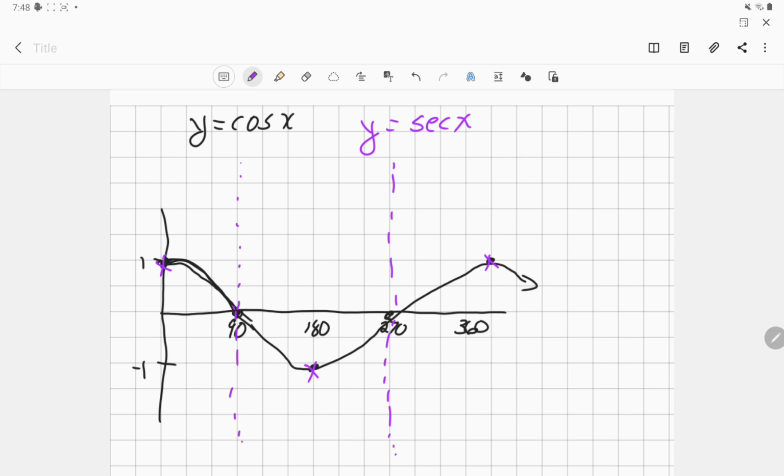And so this is headed down, so the reciprocal is going to head up. Now it would keep going, so I would have the other half of the U on the other side. Over here, it would head down on either side, and here it would head up. And again, if I kept going, there'd be another asymptote over here, and this would go up like that, right?